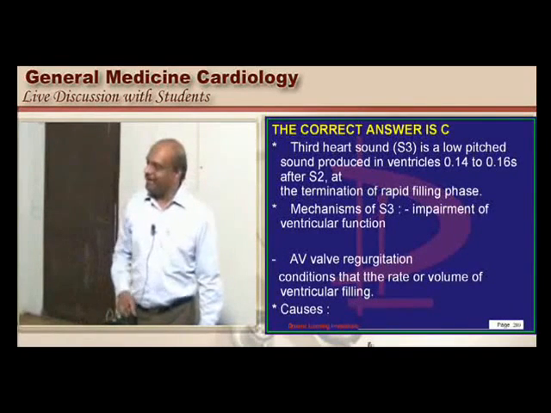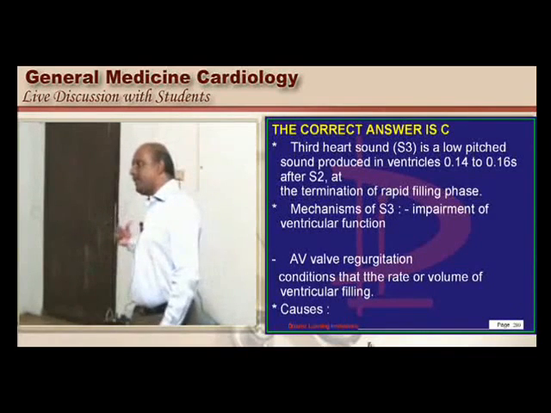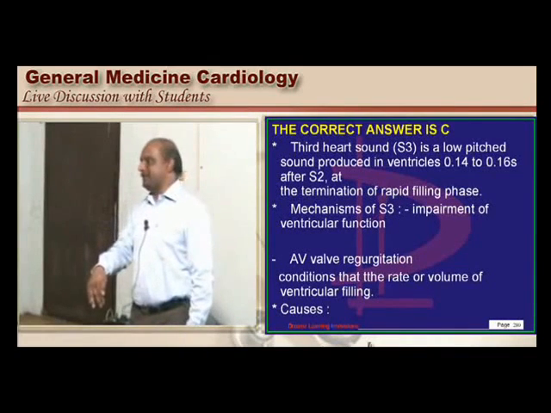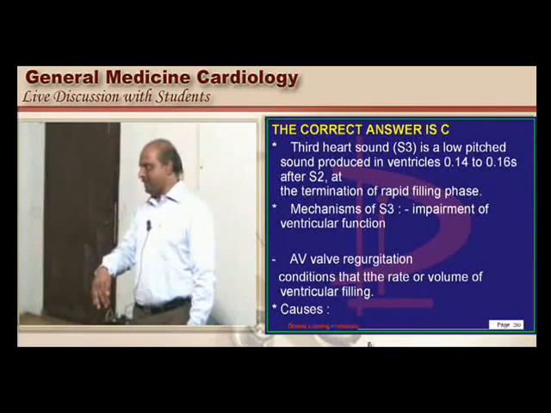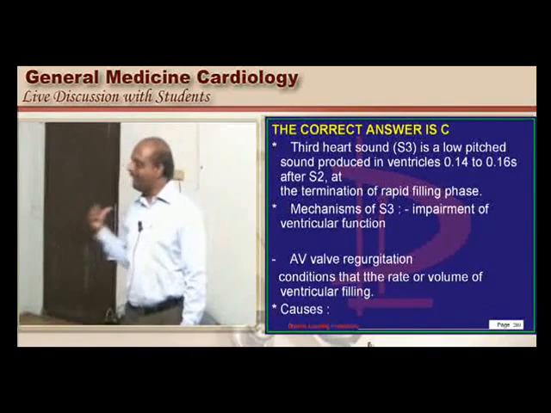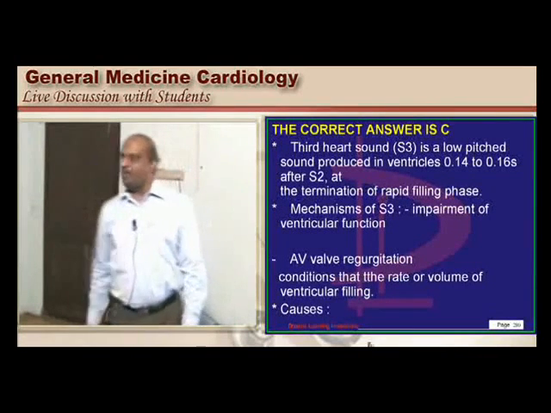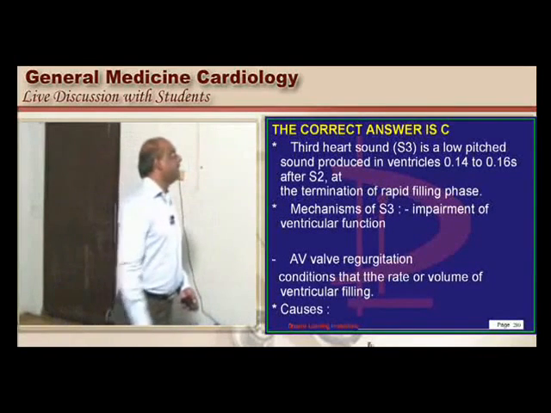So the ventricle every time is doing some pumping, but something is going back and coming back in the next contraction. So finally the left ventricle is doing work, but it is a useless work. One step ahead, three steps behind. So finally the left ventricle will fail, and that reflects in the form of S3.